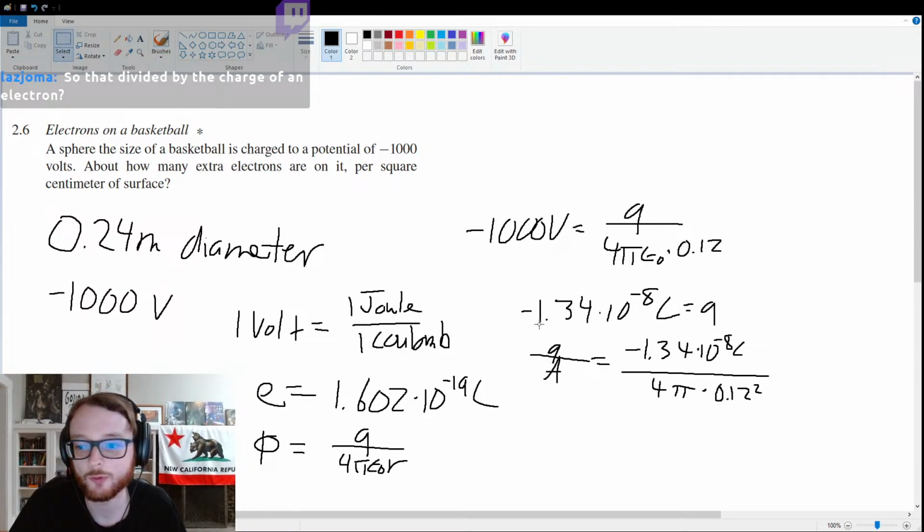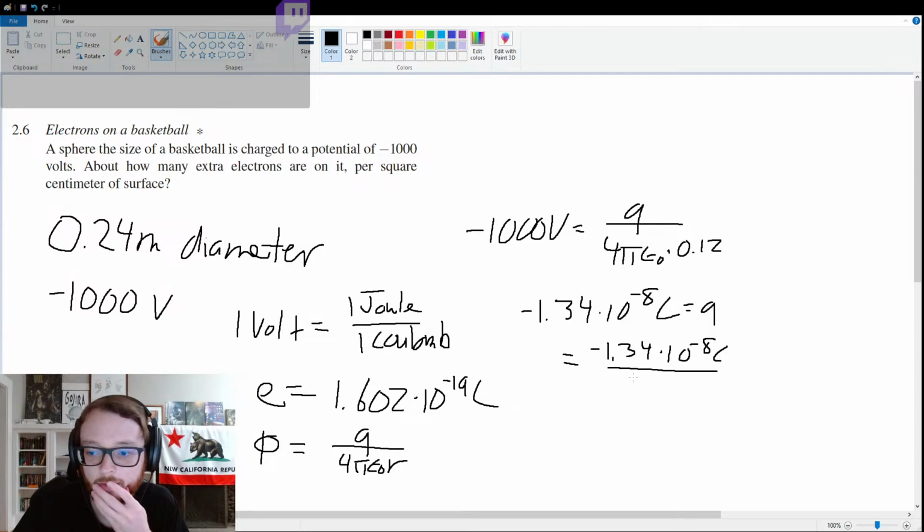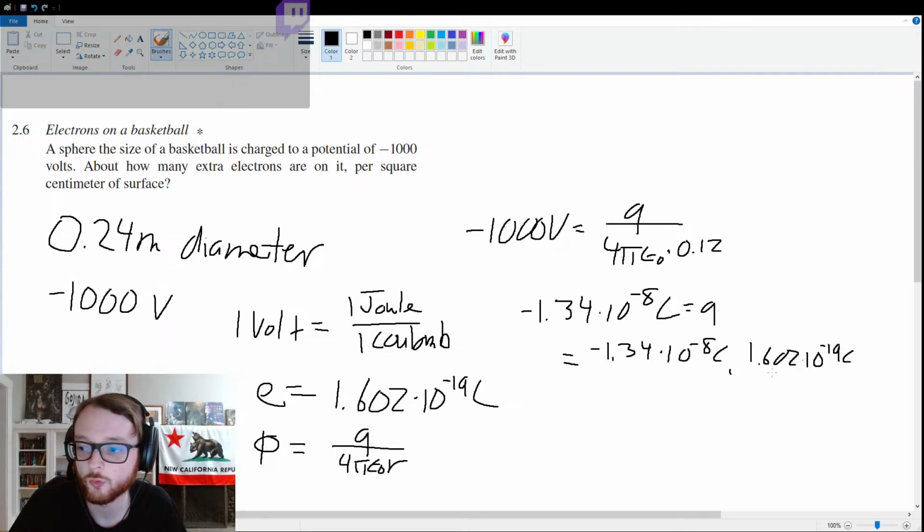I mean, it probably doesn't matter if we do the conversion first or not. Let's do the conversion first, though. So we're going to take minus 1.34 times 10 to the negative 8 coulombs, and multiply it by 1.602 times 10 to the minus 19 coulombs per e.